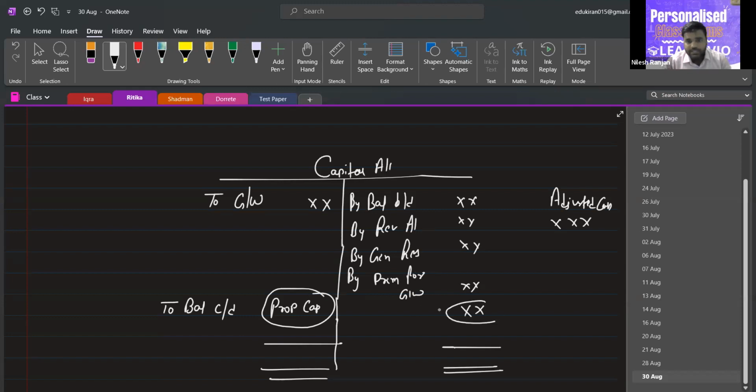If the balance is on the credit side, we write here by cash account; if it is less than the credit side, then we write to cash here. From these two, we write only one because balance can be calculated only on one side.